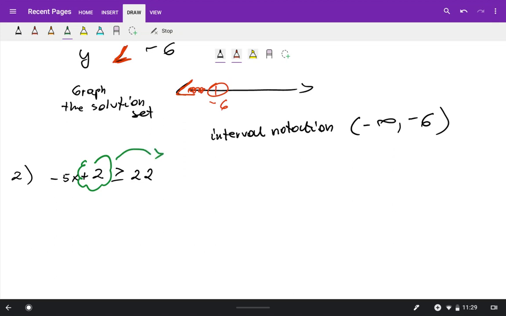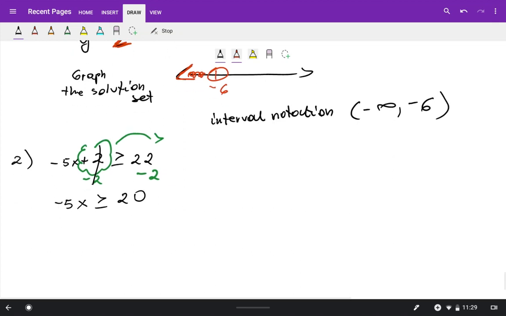Since it's positive 2, you subtract 2 from both sides, and we have negative 5x greater than or equal to 20. Now we need to divide both sides by negative 5. That will cancel and we end up with x. Since we're dividing by a negative number, you need to reverse the inequality symbol, so greater than or equal will become less than or equal. And 20 divided by negative 5 is negative 4.